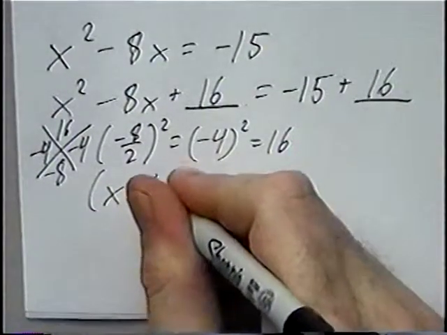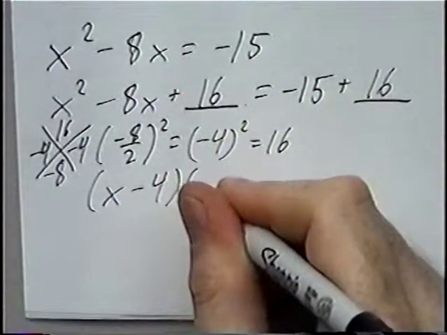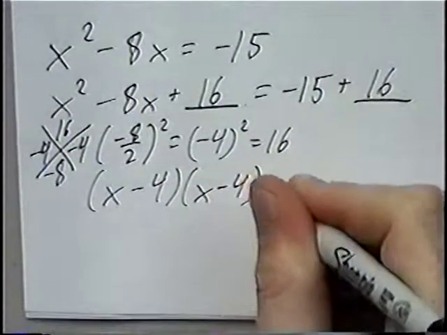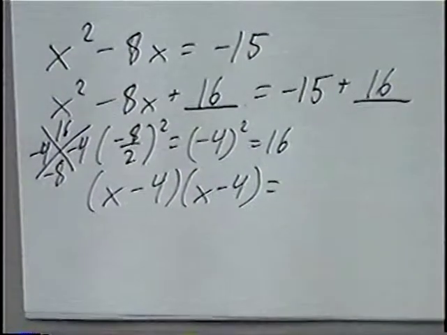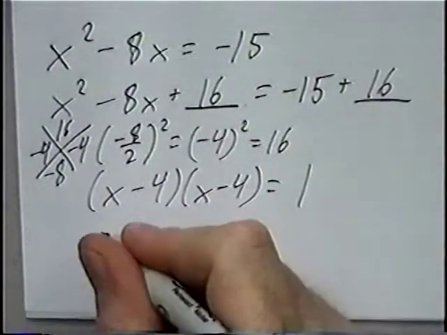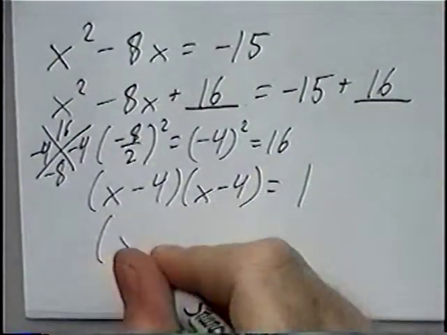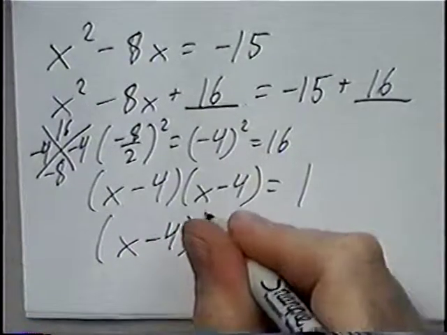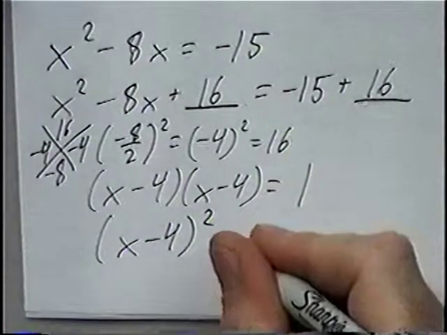Rewriting the polynomial, we have x minus 4 times x minus 4 equals negative 15 plus 16, which is 1. Simplifying, we can rewrite as x minus 4 squared equals 1.